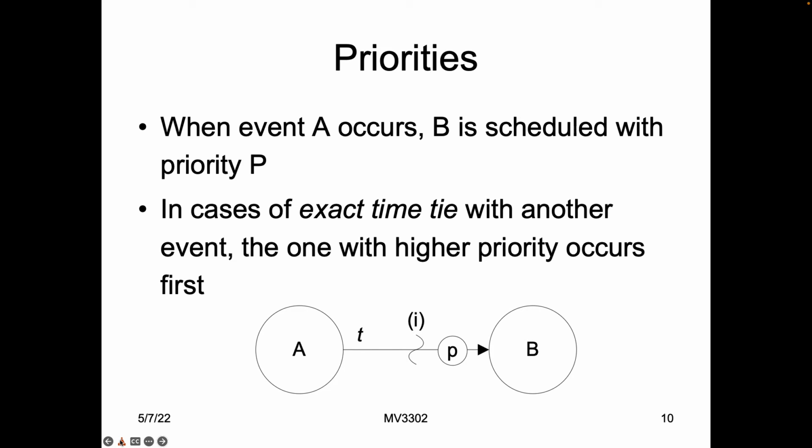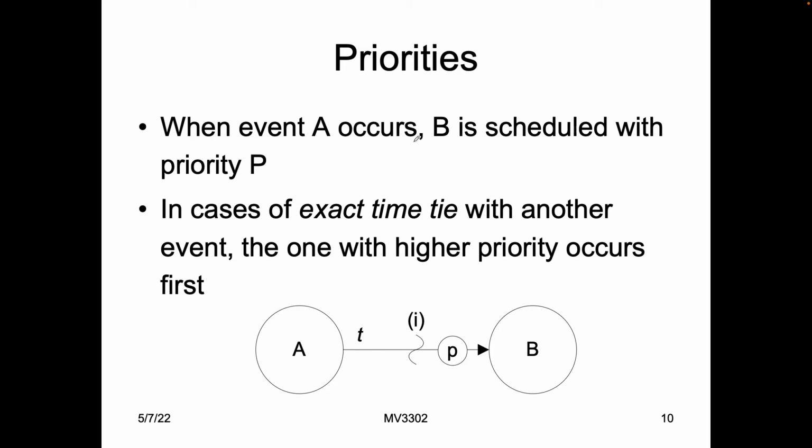Okay, the last thing that's going to come up is something which very rarely occurs, but when it occurs, it can be sort of an issue, and that is priorities on events. Because there are 0 delays, there are sometimes situations where you have multiple events scheduled to occur at exactly the same simulated time.